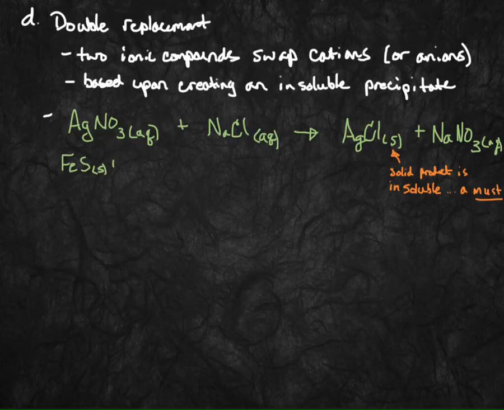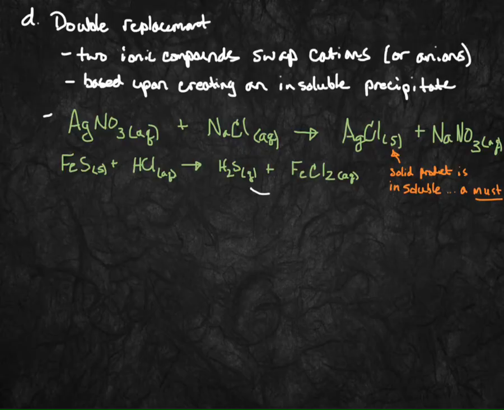Okay, so another one we're going to give you guys is solid iron sulfide plus aqueous hydrogen chloride, or hydrochloric acid, and that will make hydrogen sulfide gas plus iron chloride. Well, this gas is going to leave the solution.